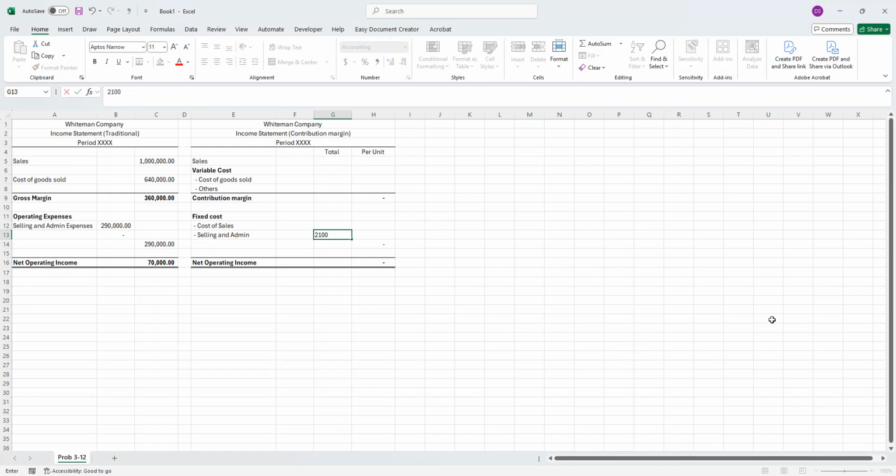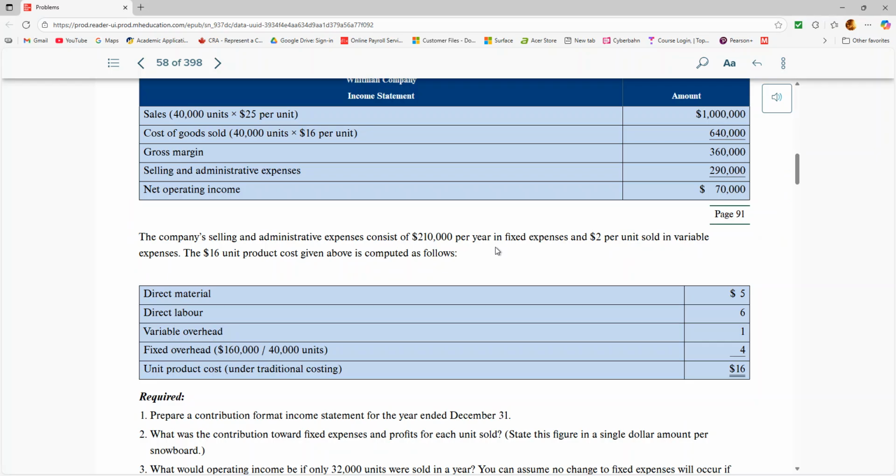So here I'm going to put 210,000, and $2 per unit is my variable. Even if they don't tell me that, all I can do is 290,000 minus 210,000, the 80,000 is my variable cost. But they told me that $2 per unit, also something they gave me, and I have to make sure that when I add both variable and fixed, that should equal that.